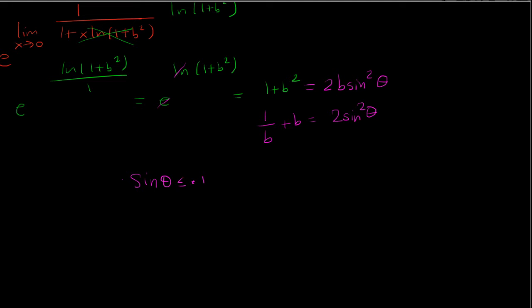So sine squared is between 0 and 1. So 2 sine squared is between 0 and 2. So we know that 2 sine squared is going to be less than or equal to 2. So let's keep that in mind.